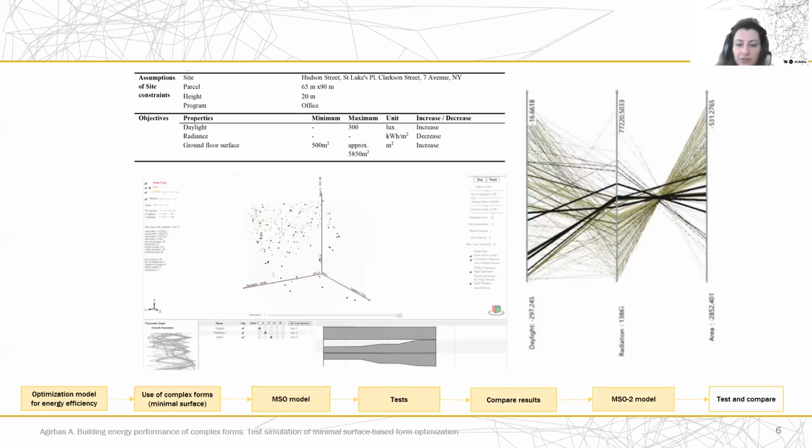And you can see that I get 7 generations, so I could get more optimized forms. There are many optimized form alternatives I get at the end of the test.